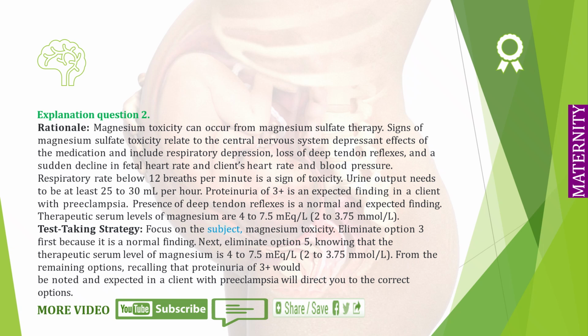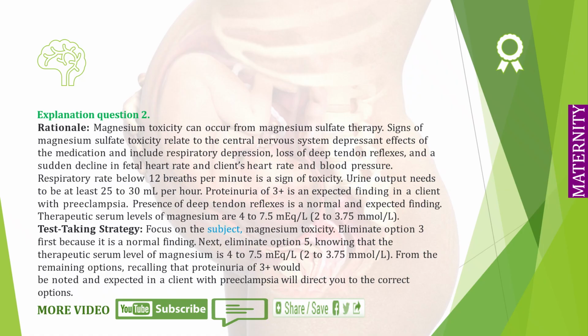Proteinuria of 3 is an expected finding in a client with preeclampsia. Presence of deep tendon reflexes is a normal and expected finding. Therapeutic serum levels of magnesium are 4 to 7.5 milliequivalent/L, 2 to 3.75 millimoles per liter. Test-taking strategy. Focus on the subject, magnesium toxicity.